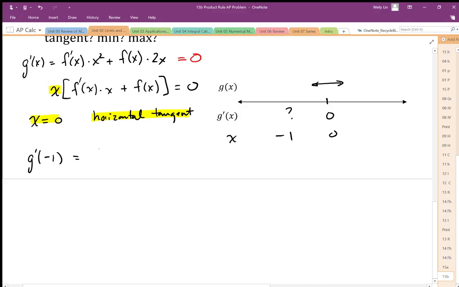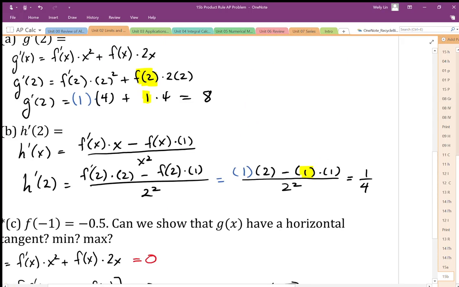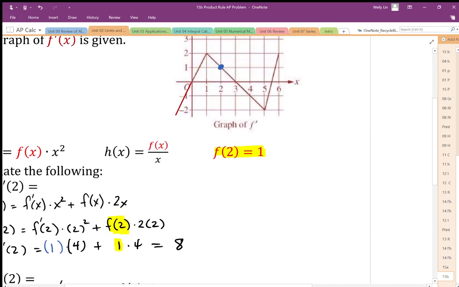And if I plug it into this, x is -1, I need f prime at -1 times -1 plus f of -1. Well, I have this information because I can go to my graph of f prime at -1. That value looks like it's going to be -2.